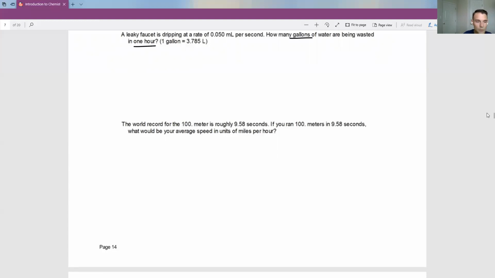Okay, so we're going to start with what we're given, 0.050 milliliters per 1 second. Now, it does not matter which thing you do first, if you go from milliliters to gallons or seconds to hours. We want hours at the end.